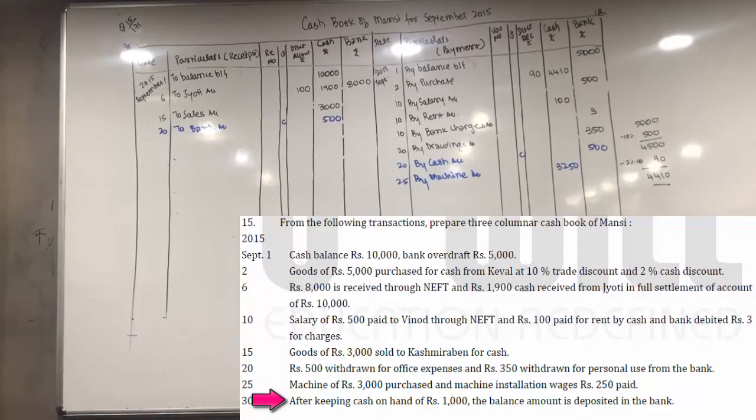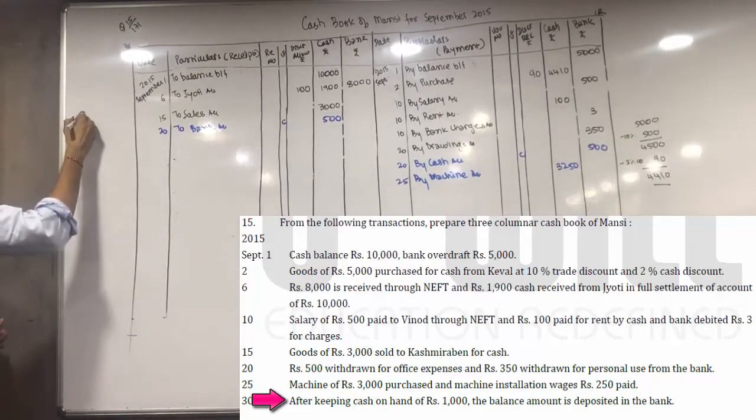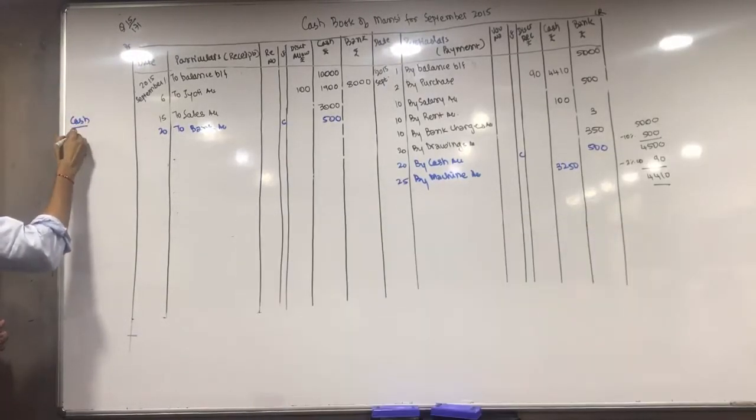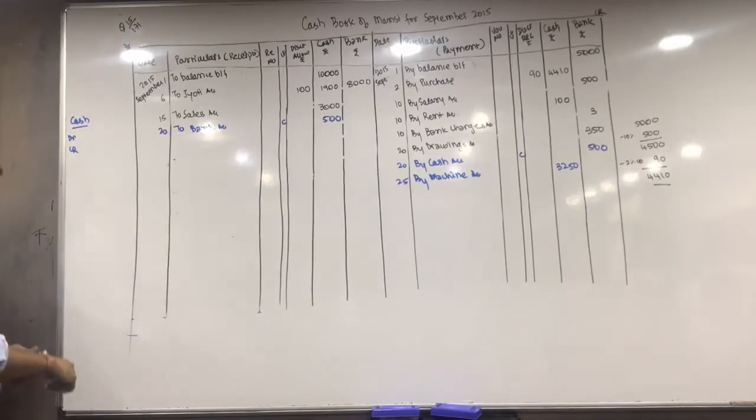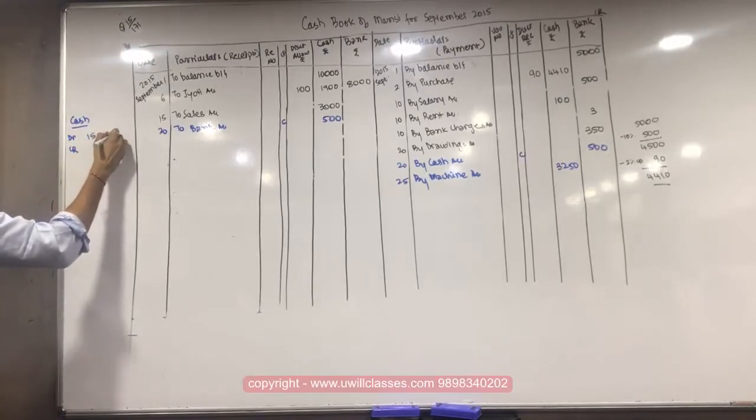After keeping cash on hand of 1,000, the balance amount is deposited in the bank. Now first of all, let's find out what is the balance for cash. Debit and credit. Debit side is 15,400.